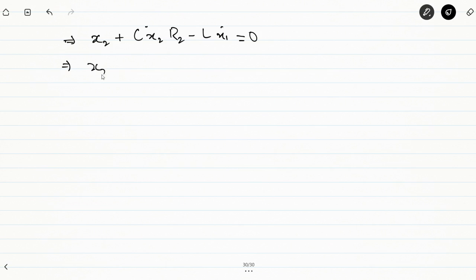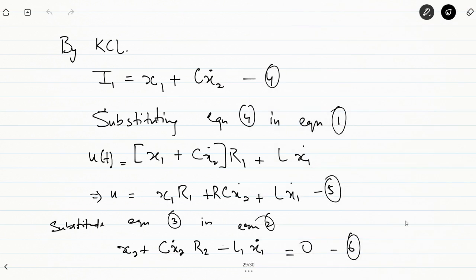So what we'll be getting is x2 dot is equal to, यहाँ से हम x2 dot निकालेंगे. So we'll be getting x2 dot will be L x1 dot minus x2 divided by C R2. So we have got x2 dot. Now x2 dot can be substituted in equation number 5.